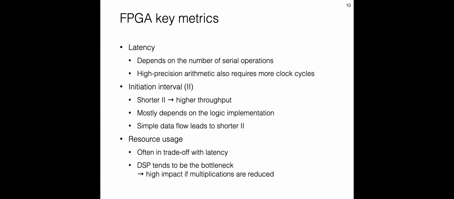This mostly depends on the implementation, and in particular, you want to simplify the data flow to shorten the initiation interval. And finally, there's the resource usage that I mentioned on the previous slide. One thing to note is that the DSP tends to be the bottleneck. The multiplications are often the scarcest resource in FPGAs.